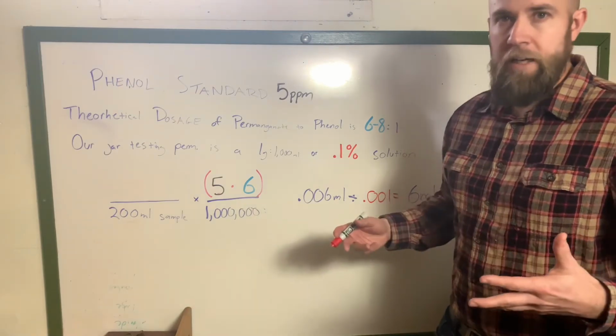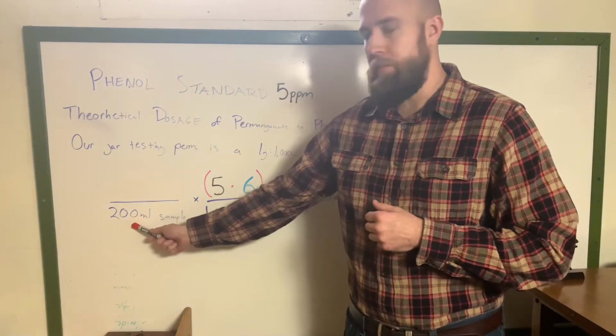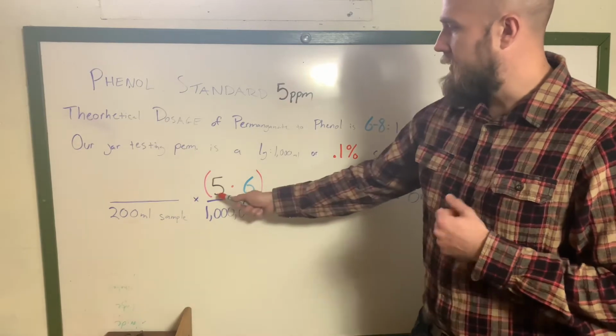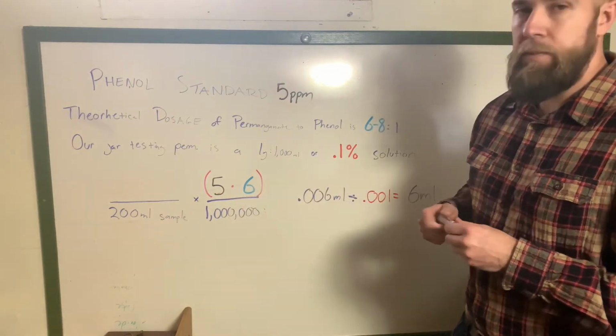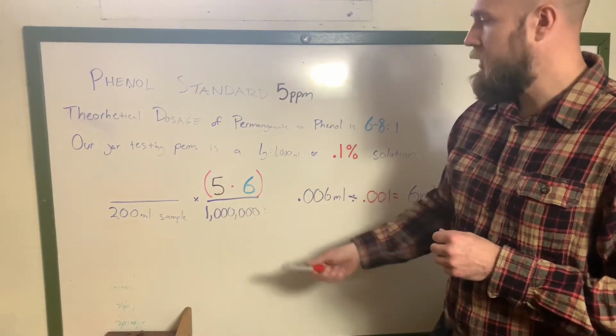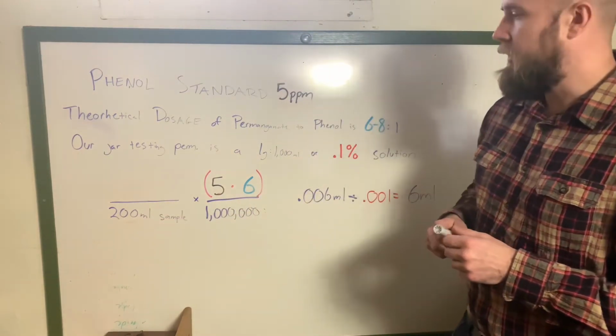So for our calculation and jar testing, we're going to use a 200 ml sample jar today. So I need to know that if I have 5 ppm of phenol and the theoretical is 6 to 8 ppm of permanganate, that'll give us 30. We cross multiply 30 times 200 divided by 1,000,000 for that ppm.